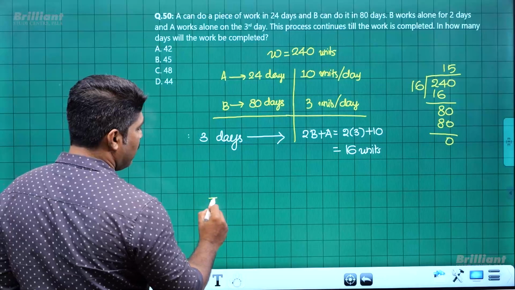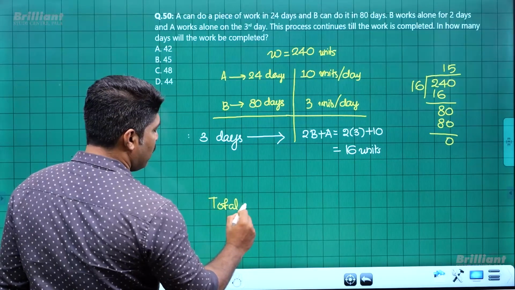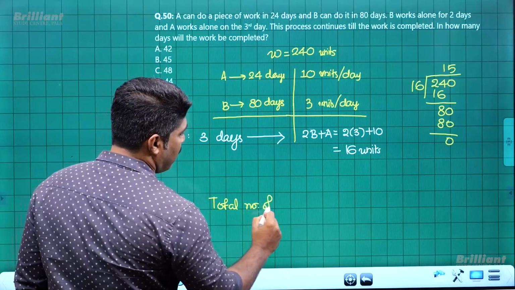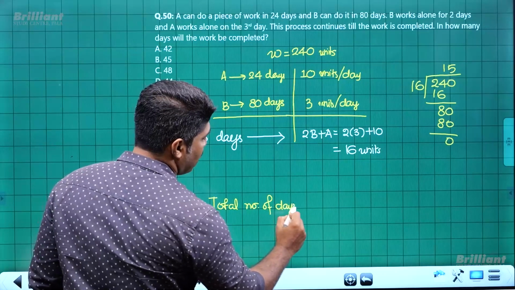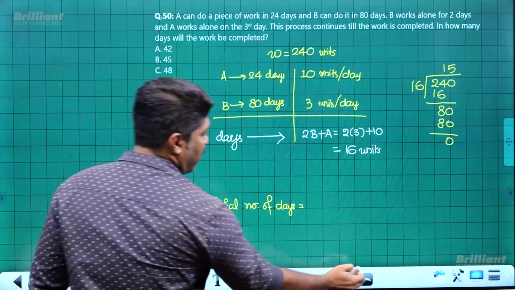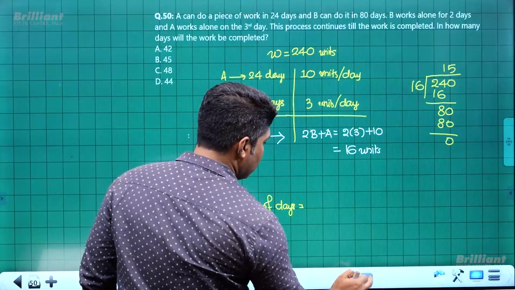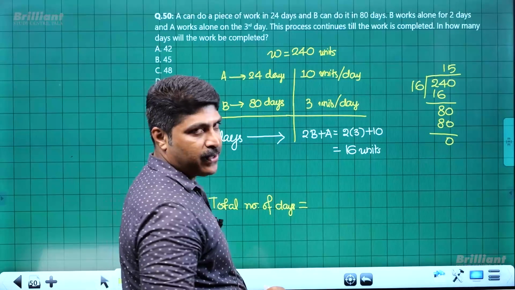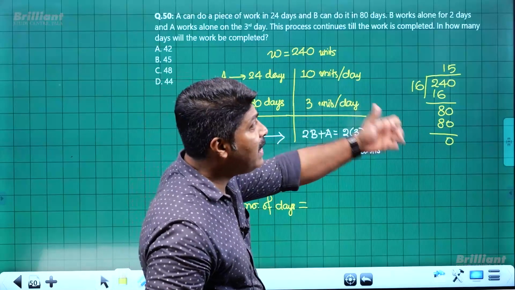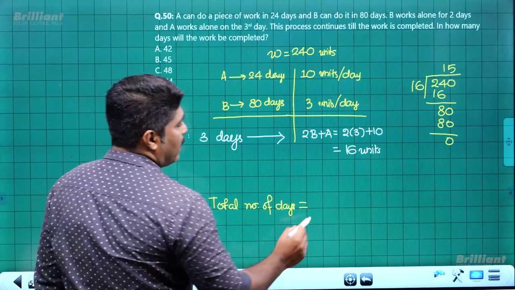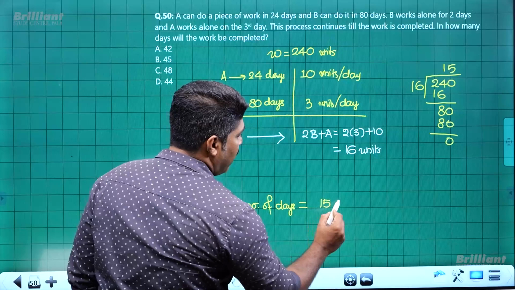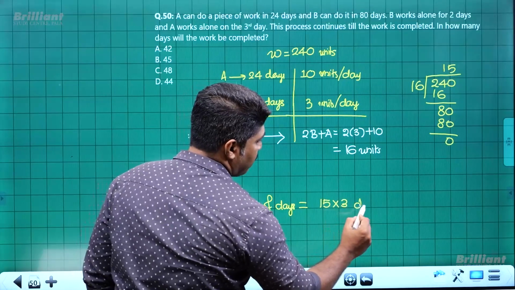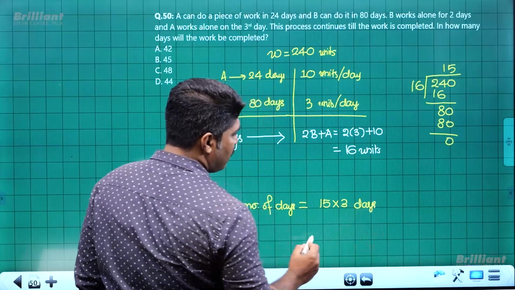Therefore, what can we conclude? The total number of days is, so here in each such 3 days, they can finish 16 units. Such 15 repetitions will be there. Therefore, this is 15 into 3 days. What is 15 into 3?